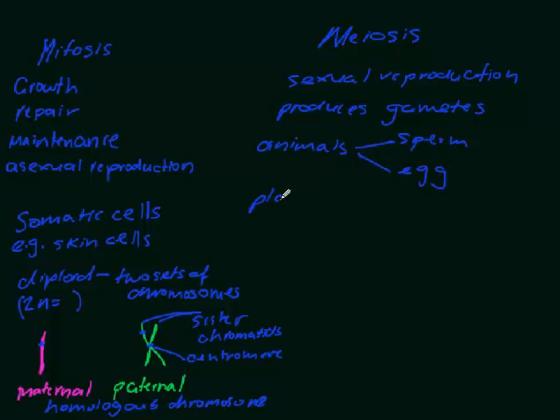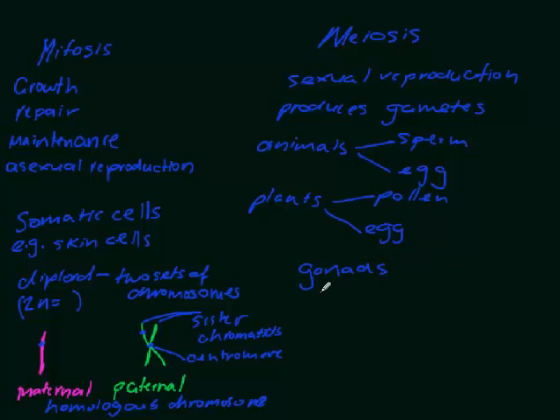In plants, the anther produces pollen, and there's an egg as well, and that's situated in the ovule. So it produces gametes, and it occurs only in the gonads.